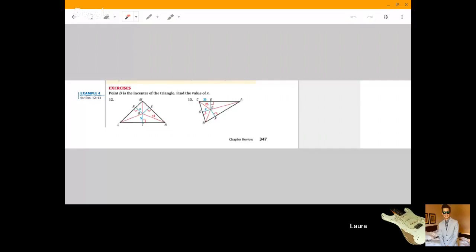And it says from that point, like at point D here, from that point to each side of the triangle, the blue lines, if they're going to the sides at a right angle, like those are, then they're going to be congruent. So all the little blue lines are congruent because that's measuring the distance from the incenter to the side of the triangle.